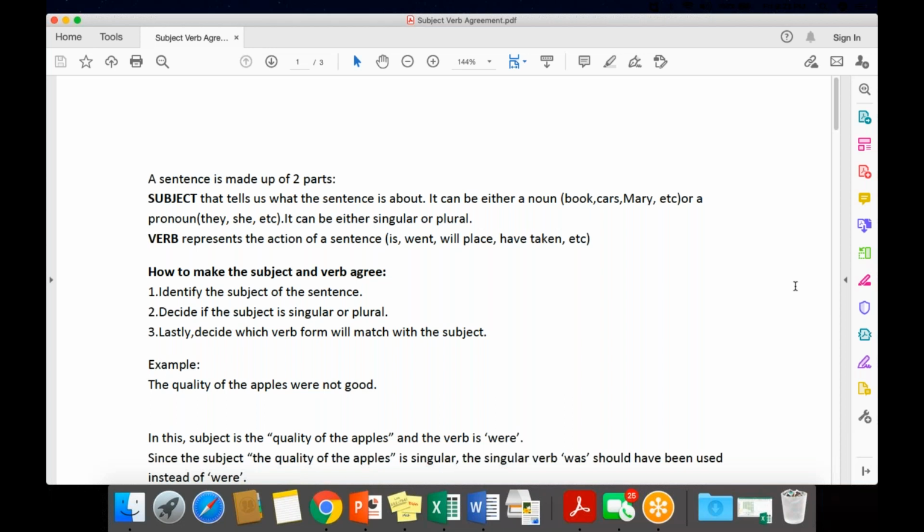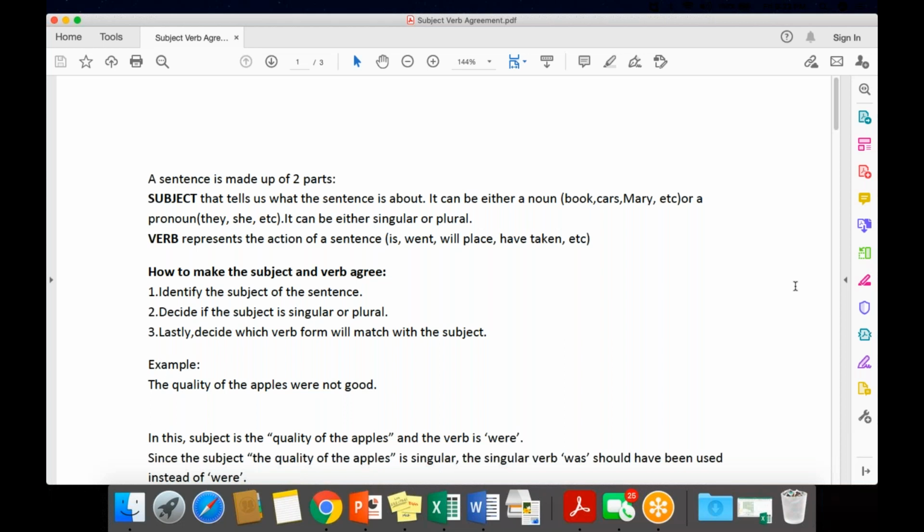Now, if I have to do this, it becomes important for me to understand what is the subject of my sentence, and whether that particular subject is singular or plural. Then also identify which verb is talking about that subject.